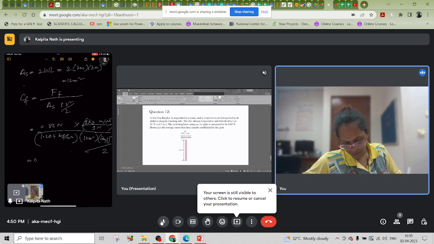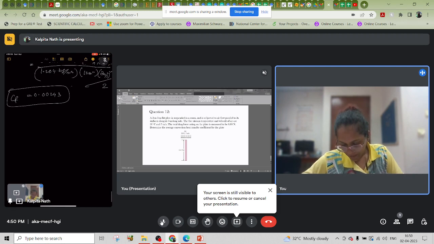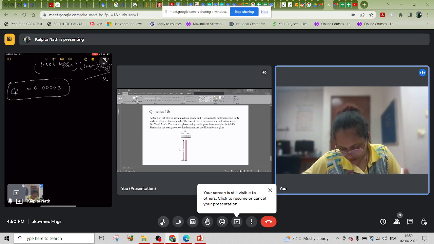So this gives 0.00243. This is the average friction coefficient. And now the average heat transfer coefficient can be calculated from the modified Reynolds analogy.